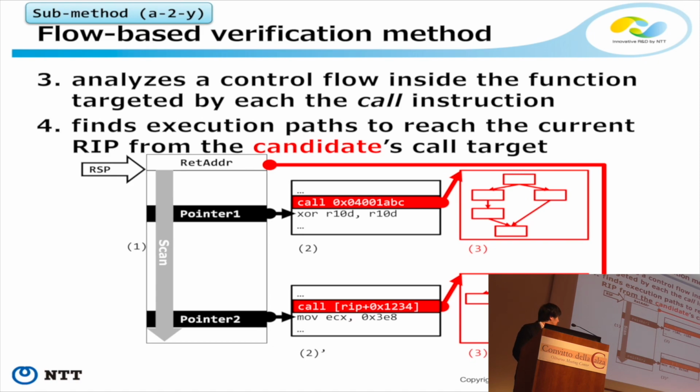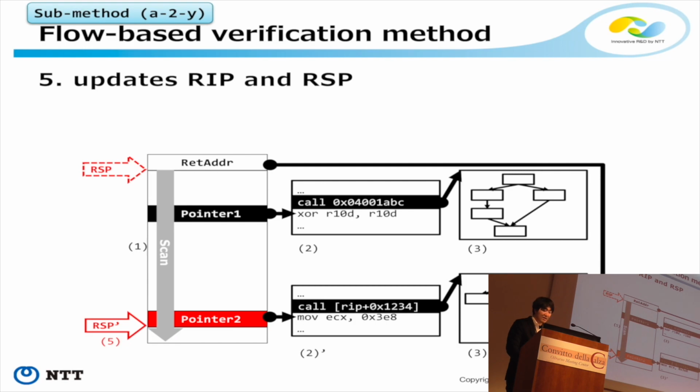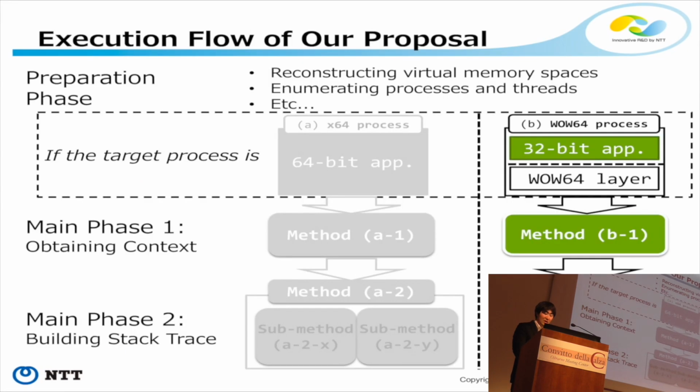In this case, pointer 2 is the actual return address because the current IP points inside this function. Lastly, our method updates RIP and RSP like this. Now we can build stack traces regardless of whether metadata is available or not.